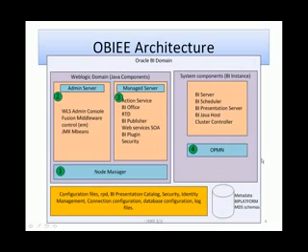All right, so I was talking about the configuration files. Now, the supporting components would include your configuration files, your RPD or your repository, which I'll show you how to create today, and the catalog files.